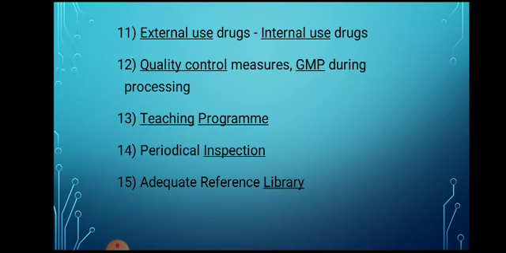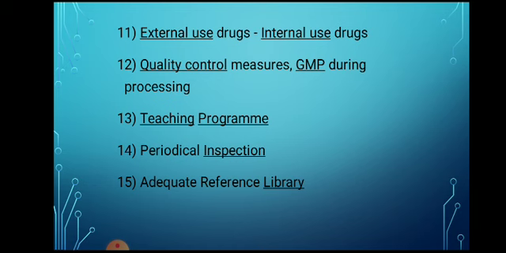Then the 12th guideline says the pharmacy manufactured products, meaning whatever medicines are manufactured or prepared in the pharmacy department, that is compounding which has been done for patient use only. If this practice is there in the pharmacy, they must undergo quality control processes.